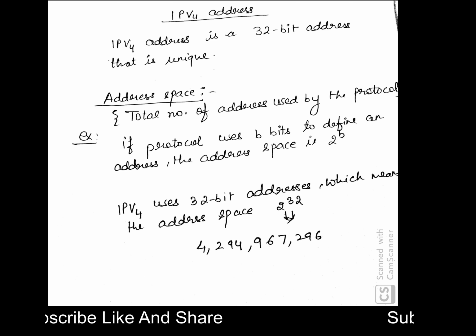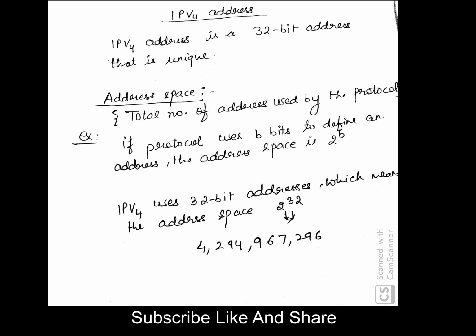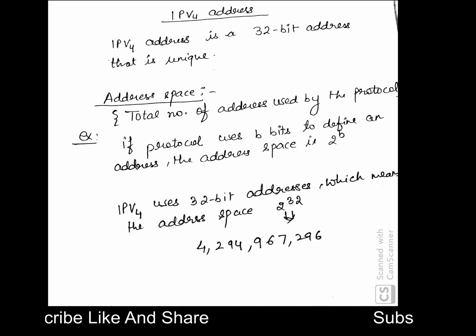The IPv4 address contains a 32-bit address. This address can be uniquely identified because each and every machine has its own IP address, and IPv4 addresses are unique. Each address defines one and only one connection.